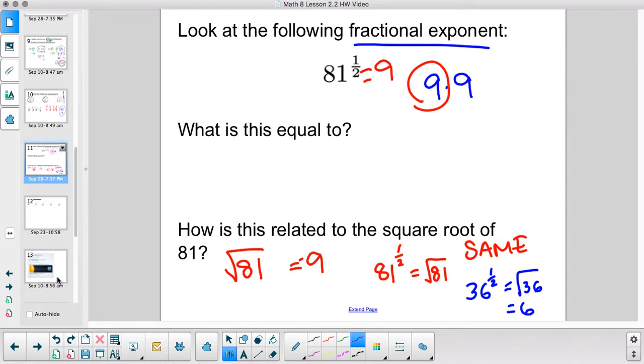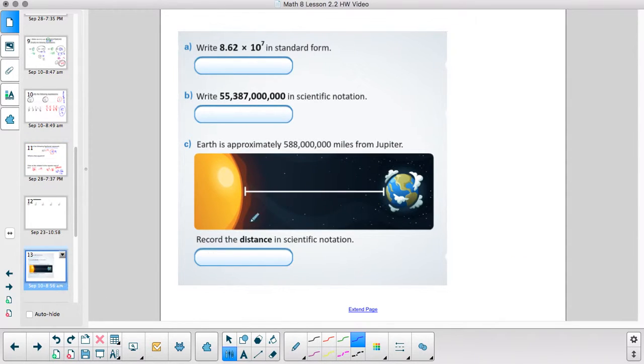And for some scientific notation, so we've got 8.62 times 10 to the 7th, and we need to write that in standard form. That just means write it as a number. And what we'll do is we've got to take this decimal and multiply it by 10 to the power of 7.